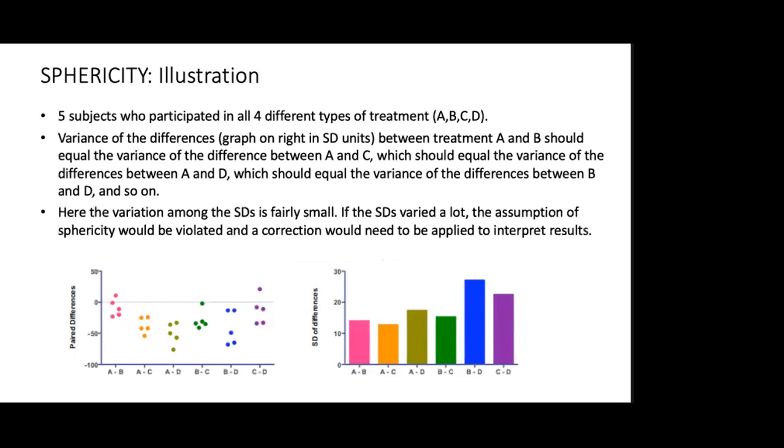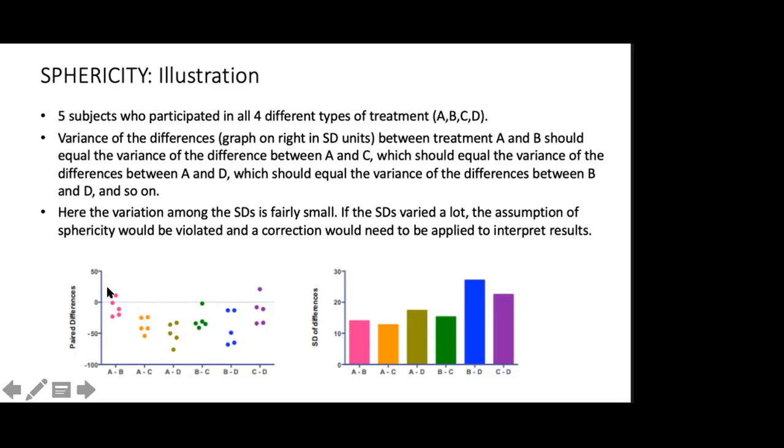So let's assume we have 5 subjects. They're shown here; these 5 dots are the 5 subjects, and they all participated in 4 different treatment types, A, B, C, and D. We're calculating the differences between treatment A and B for all 5 participants, between A and C, A and D, B and C, B and D, and C and D. And then the variability of these differences should be the same.